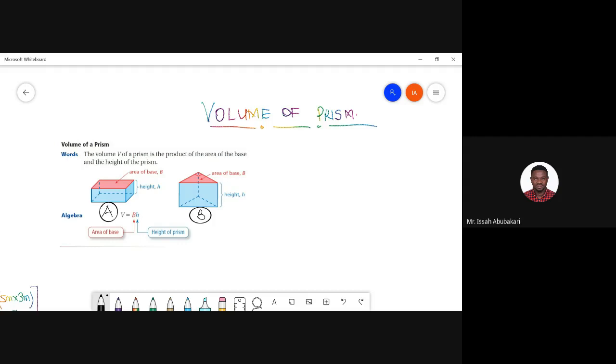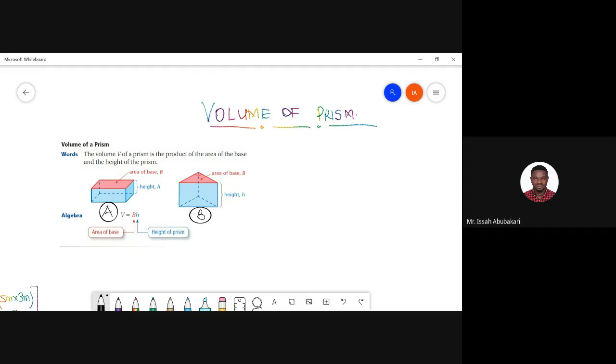If you look at A, we also learned that the shape of the prism comes with its own formula. So looking at A and B, even though they are both prisms, we are going to have two different ways of solving these figures.